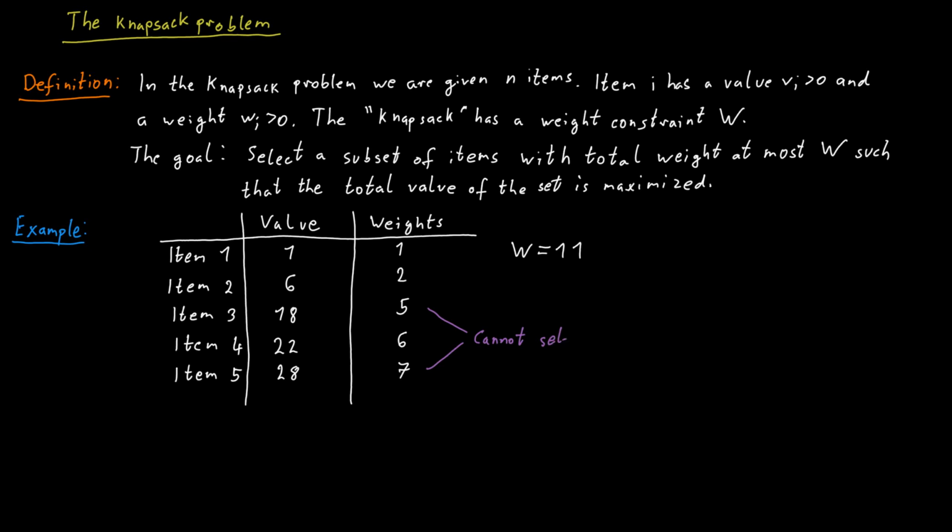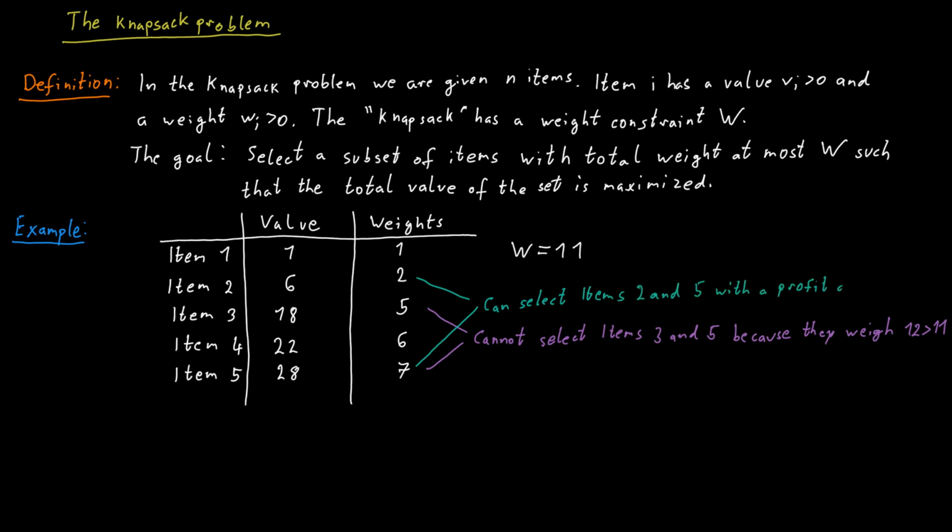Then it would not be possible, for example, to fit item 3 and item 5 into the knapsack at the same time, because item 3 weighs 5 and item 5 weighs 7, so together they have a weight of 12, which exceeds our threshold.